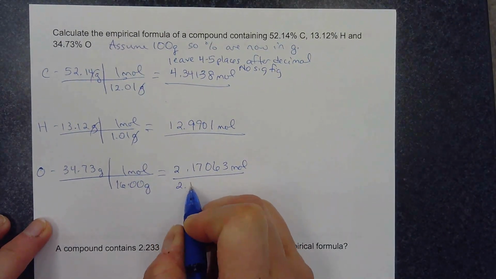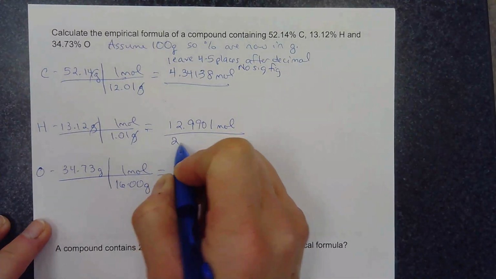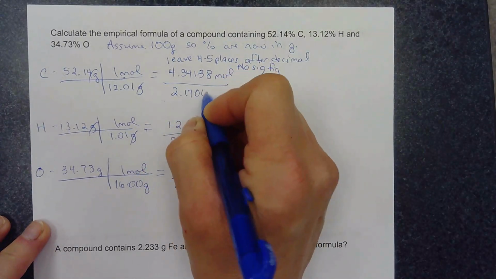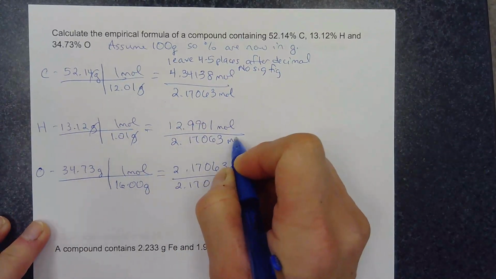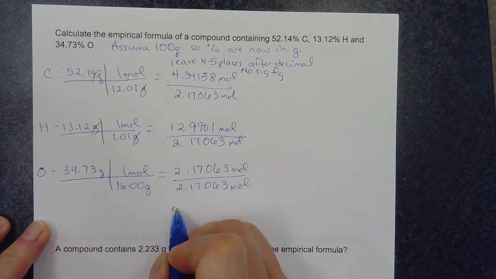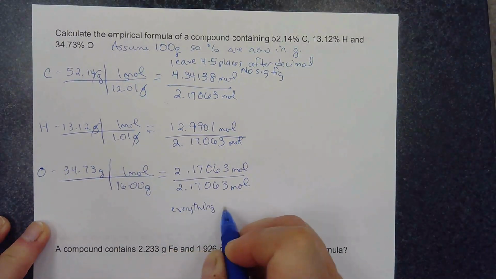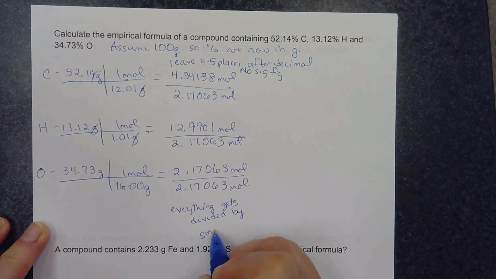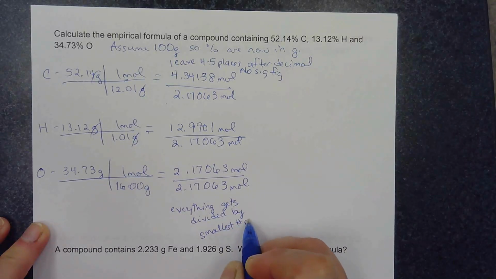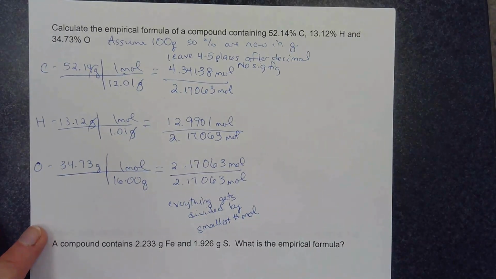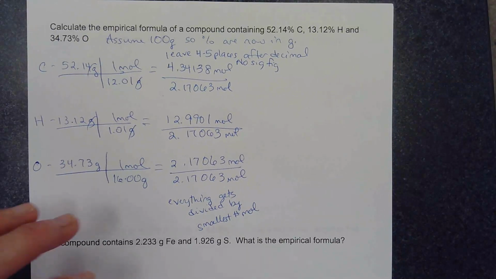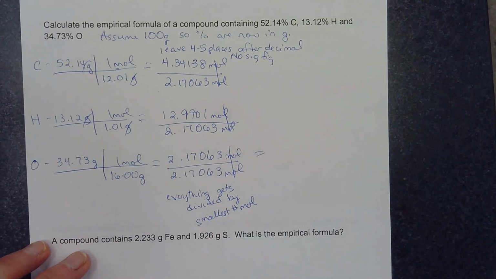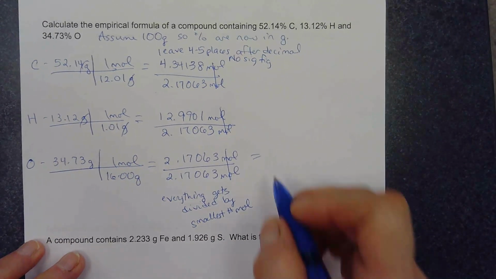Everything. We'll make a note. Everything gets divided by smallest number of moles. Obviously, moles cancels out. And obviously, does one of them always end up being 1? Yes.